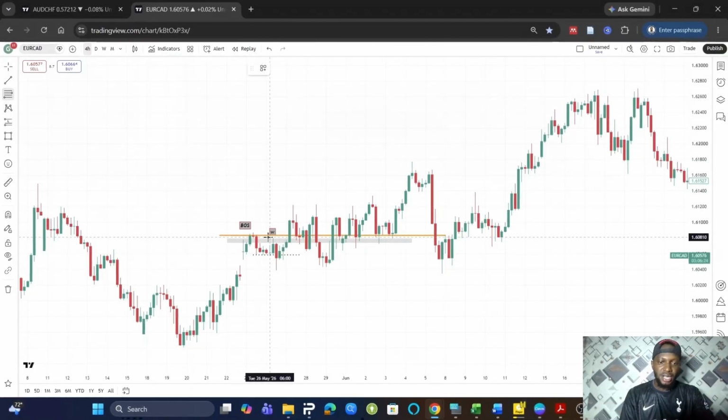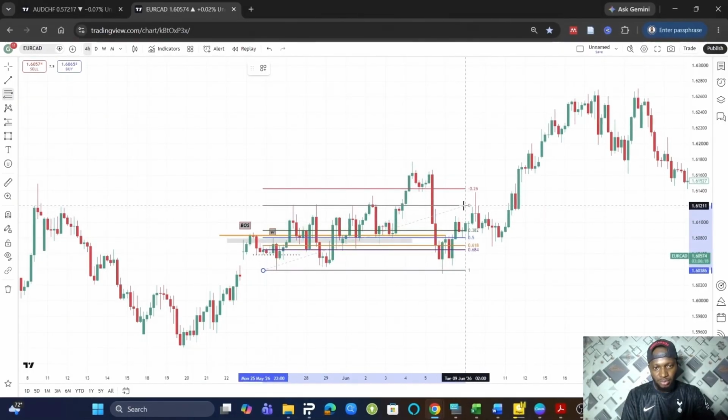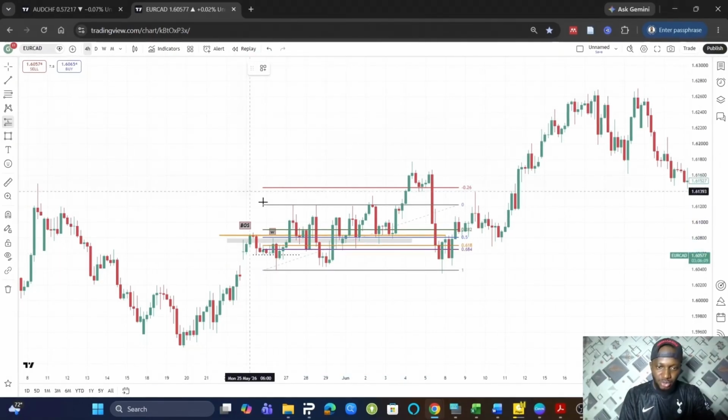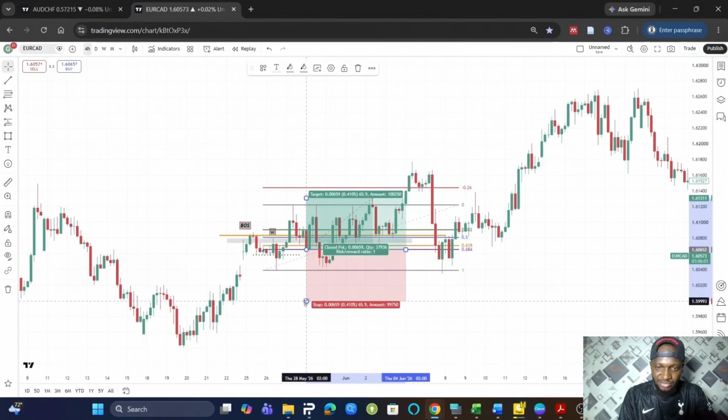I just bring out my Fibonacci tool and place it from swing high to swing low. That's it. So the next thing is to bring my long tool and place my entry on the 0.684 fib level.